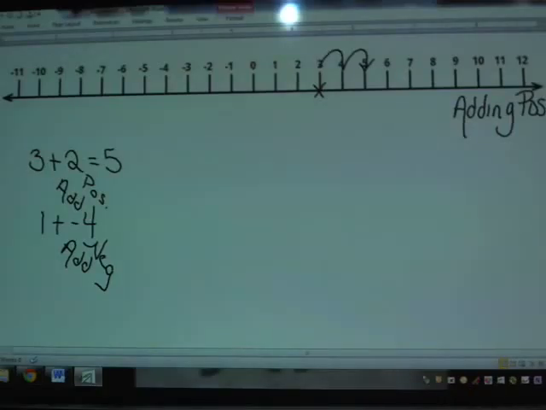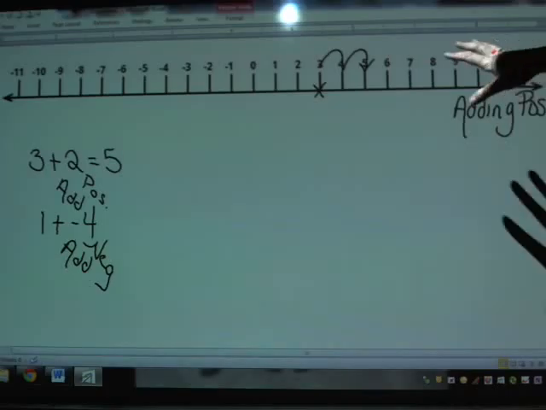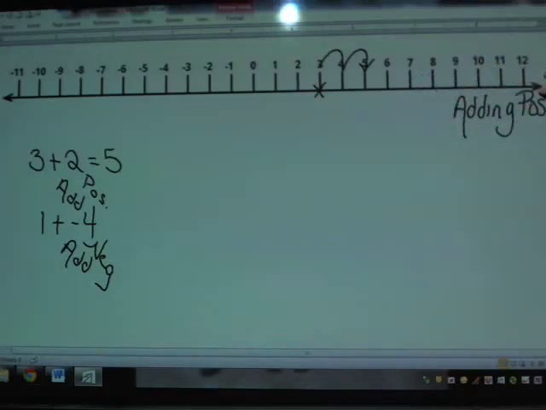Adding a positive made me move off to the right on the number line. We know that positives and negatives are opposites of each other, so it wouldn't make sense to say that adding a negative would also move to the right on the number line. Well, the only other way to go is to go left. So adding a negative makes us move to the left on the number line.